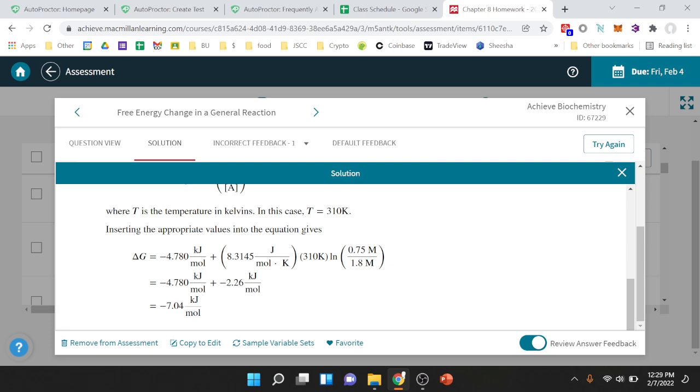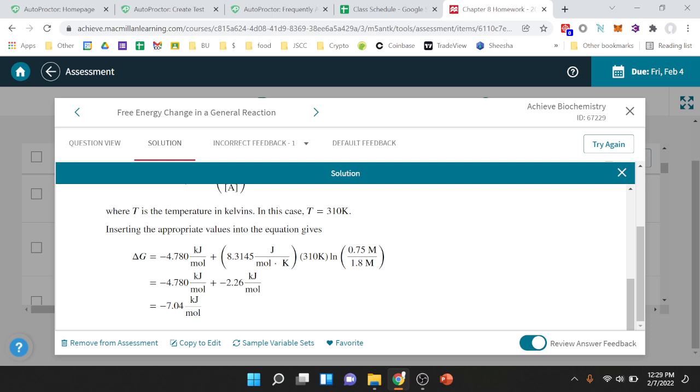All right. So we'll do this. You get that solved. You end up with a pretty big number because it's in joules. You convert that to kilojoules, and it'll end up as negative 2.26. Okay? So it would have been 260, right? And this right here, we'll just take it down.